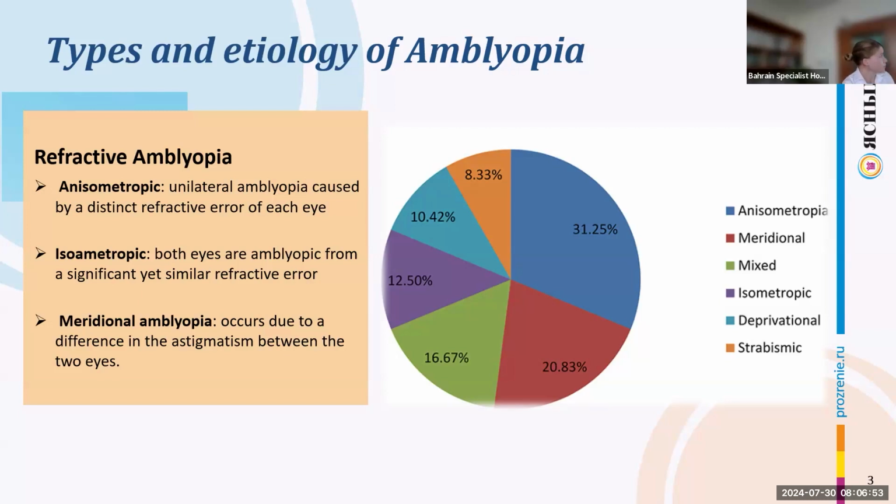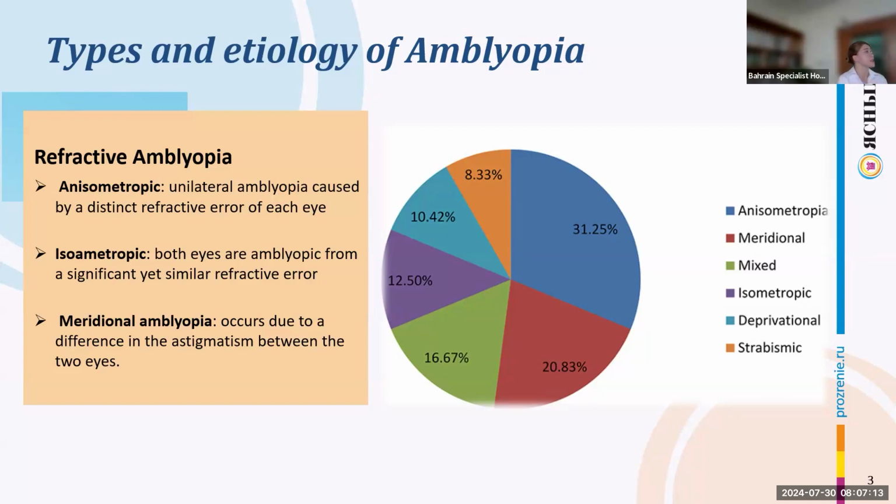There are some common causes of amblyopia. The most common one is refractive errors. It's called refractive amblyopia, and it has generally 3 types.